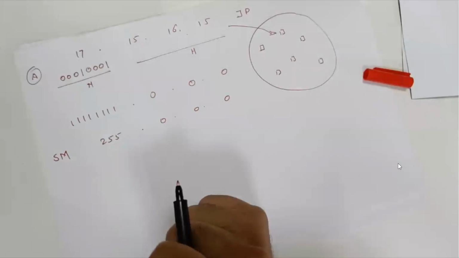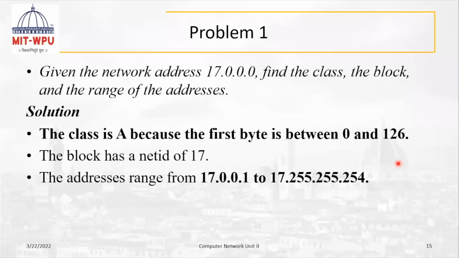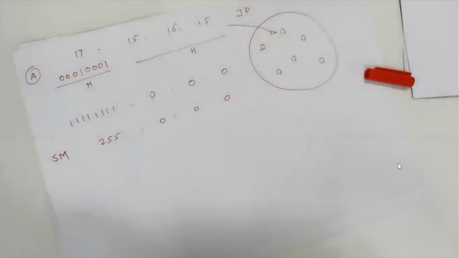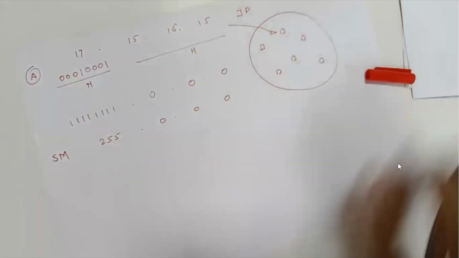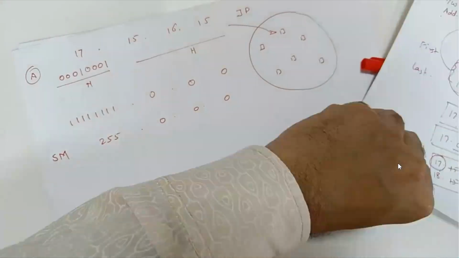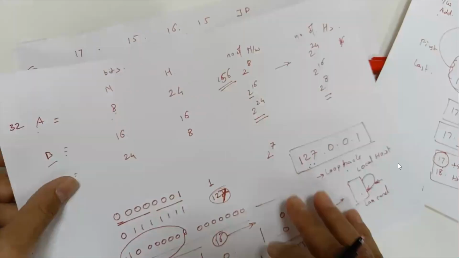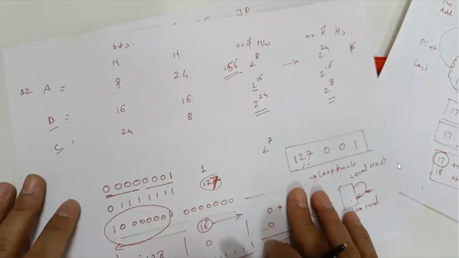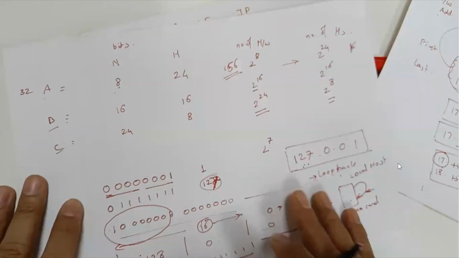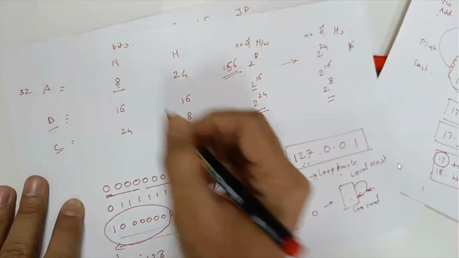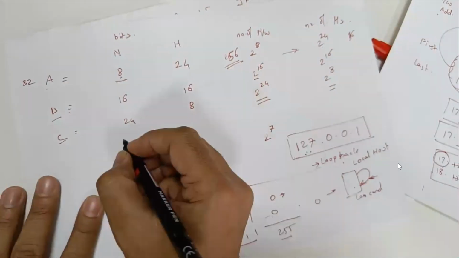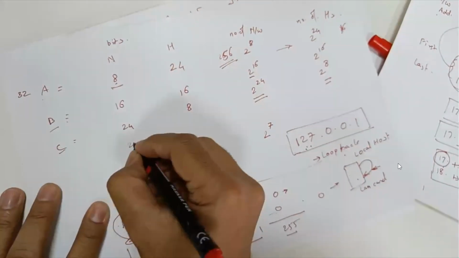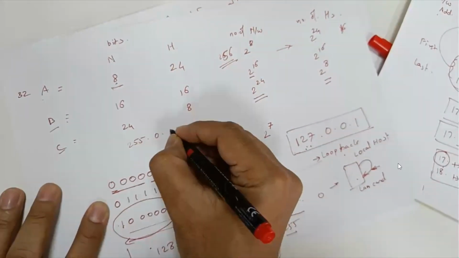Right now, what we'll do is find out the subnet masks for class A, class B, and class C. So the subnet mask for class A is 255.0.0.0.